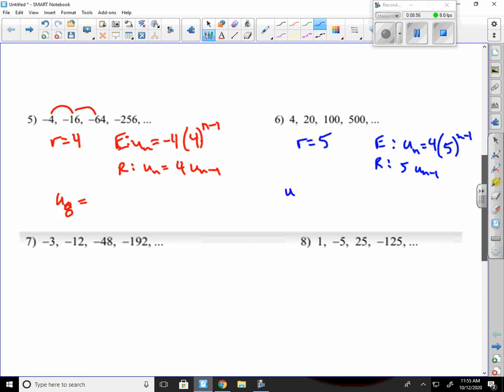Find U sub 8. It's going to be 4 times 5 to the 7th. 5 to the 7th is 78,125 times 4 gives me 312,500. Find the next 3 terms of the sequence.